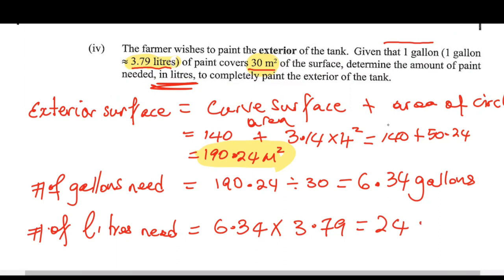So I'll just say 24 liters of paint will be needed to actually paint everything. So we need 24 liters to do the painting.